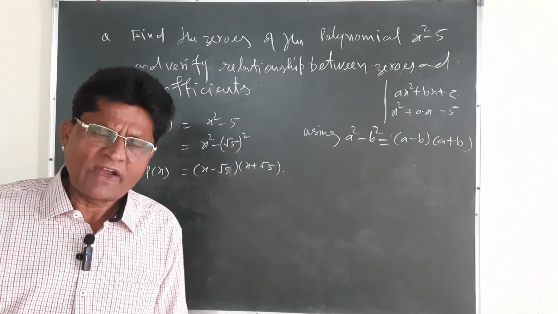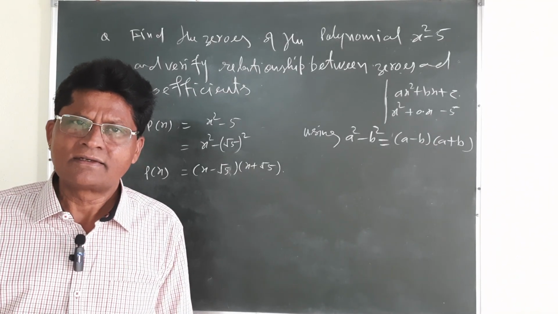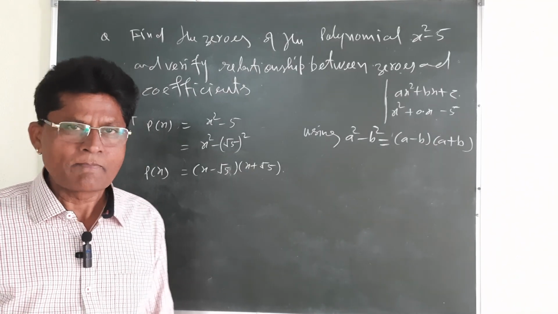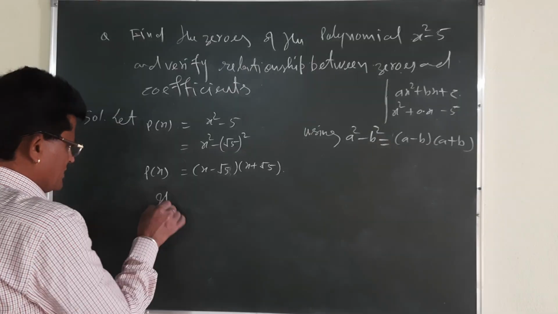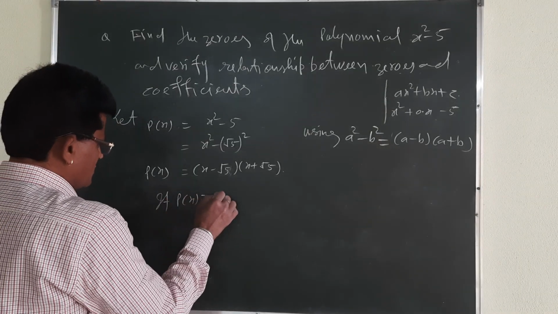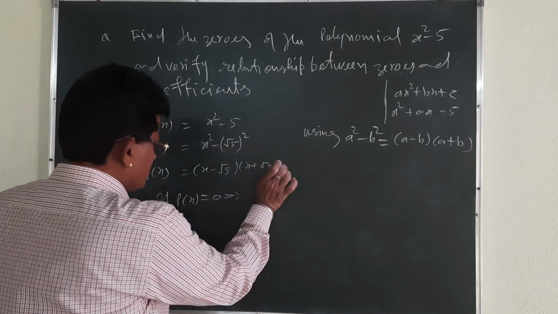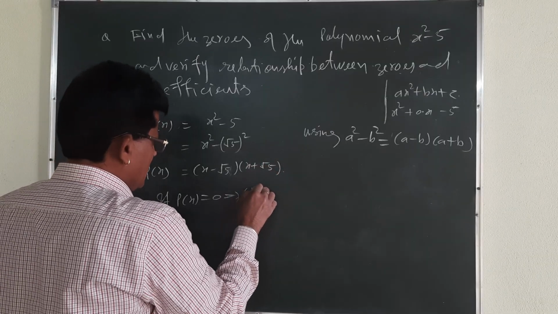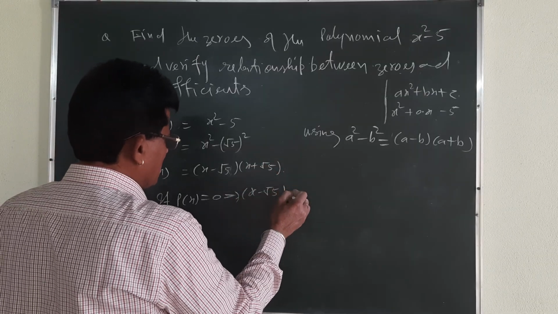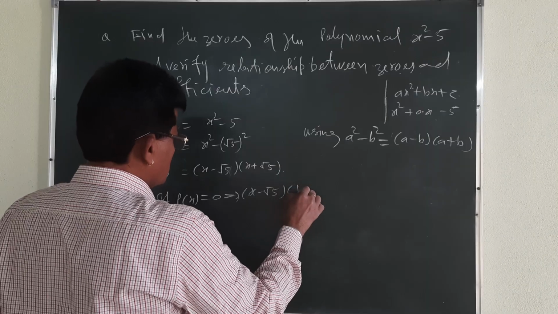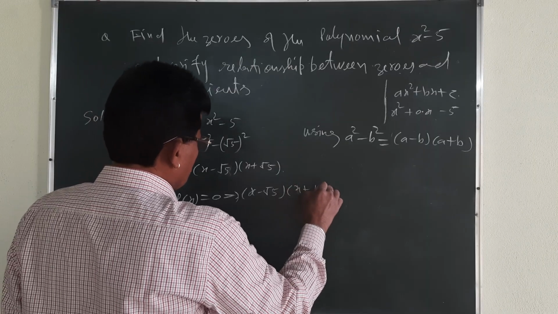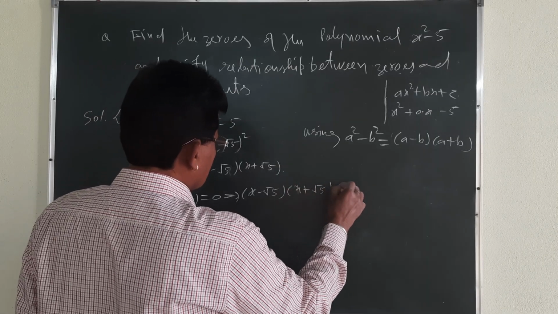Okay. How you can find out the roots, the zeros? If px will be equal to 0, then only what will happen? Either x minus root 5 will be equal to 0, or x plus root 5 will be 0.